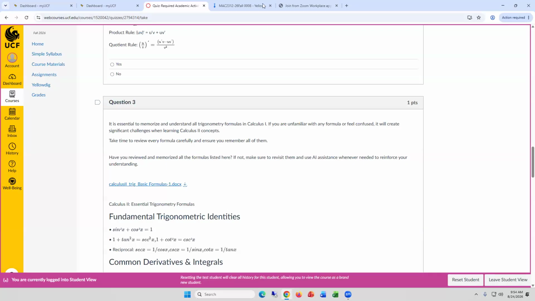I don't consider using AI cheating. As you know, 70% of the course grade will be from exams, and 10% will be closed book quizzes.